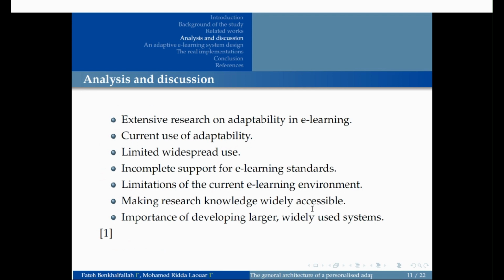The next logical step is therefore to integrate these systems with commonly requested functionality to extend the knowledge gained from adaptation research initiatives to a wider community of learners. This underlines the importance of developing larger, more broadly used systems.